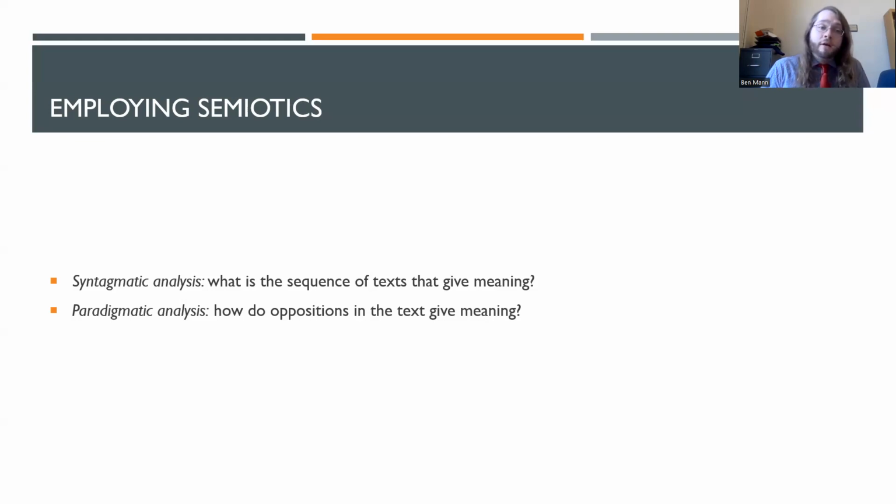And then how, in a paradigmatic analysis, are oppositions being used to develop meaning? For example, we might see color contrasts in opposition being used. For instance, maybe one color is used very strongly with one character to indicate that they're good, another color with bad. A lot of film and a lot of advertisement uses white for good and black for bad.